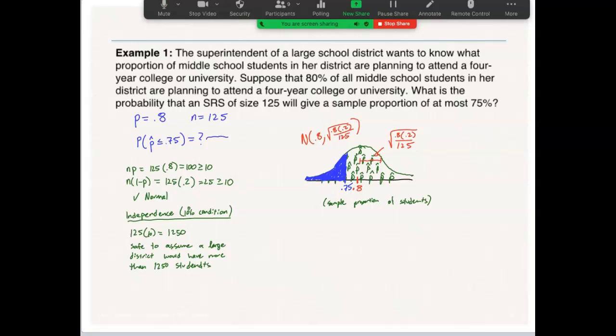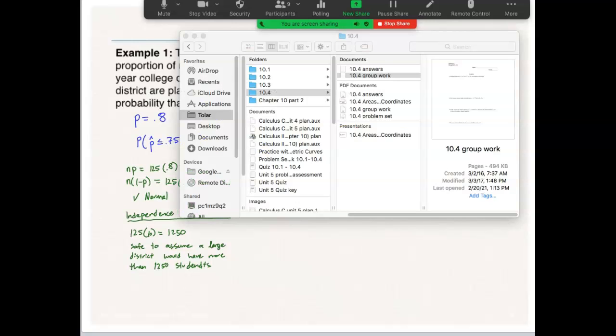Other one. Inverse norm is the one where you input the area and it gives you back the boundaries. That's it, normal CDF. So we're going to pull up normal CDF in our calculator.